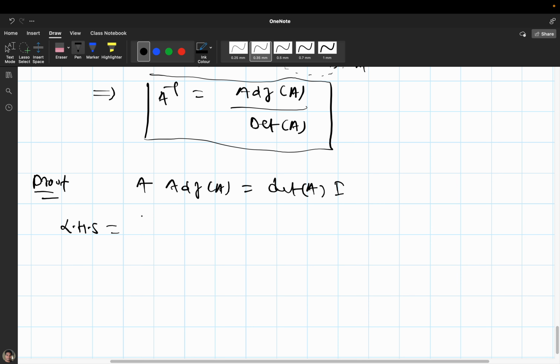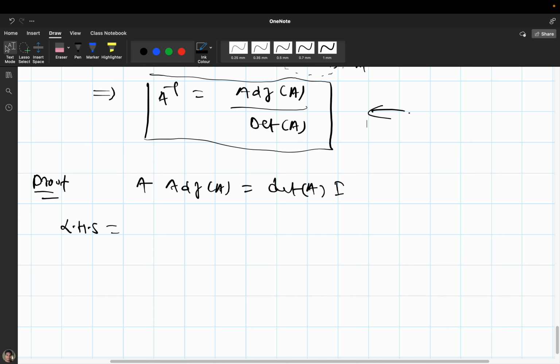If you take A as a 2 by 2 matrix, then we can solve it and prove it by solving. But here I have not said that A should be only a 2 by 2 matrix.